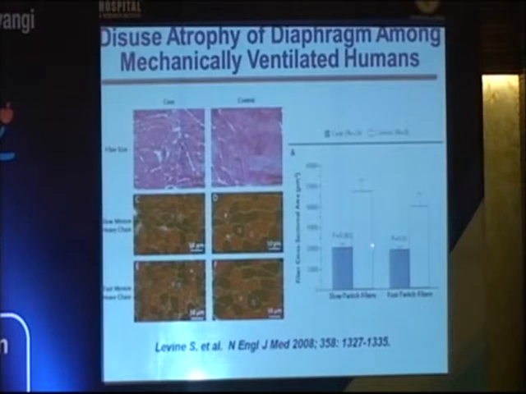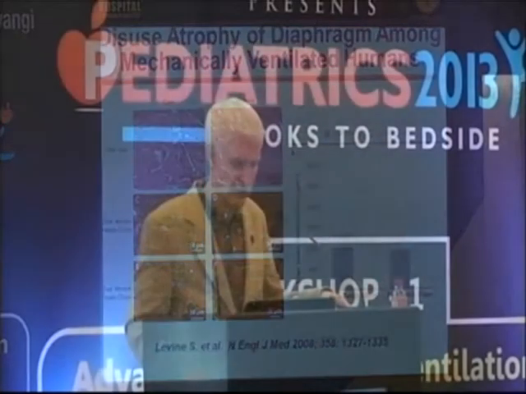The two different types of muscle fibers both decreased in patients receiving mechanical ventilation. This is another way of looking at the same thing.